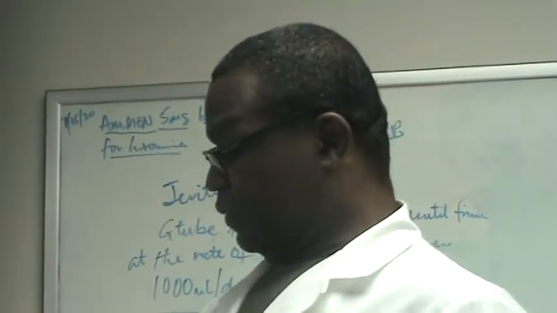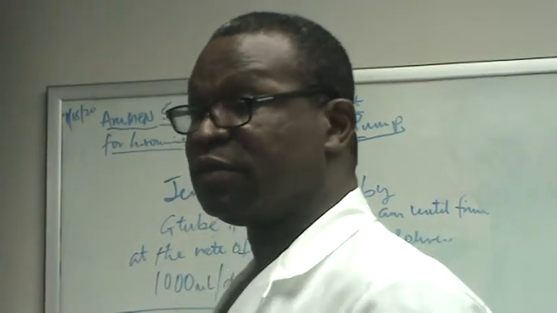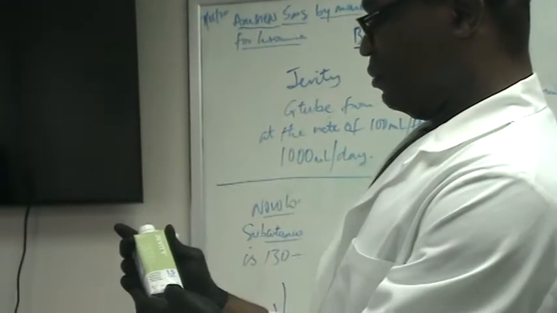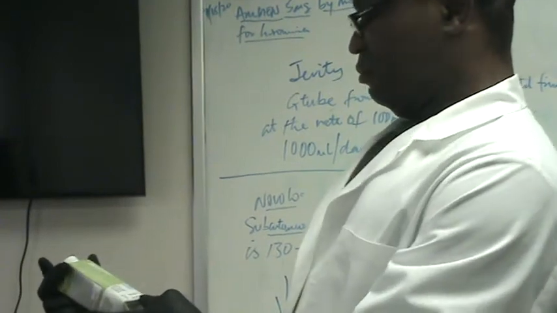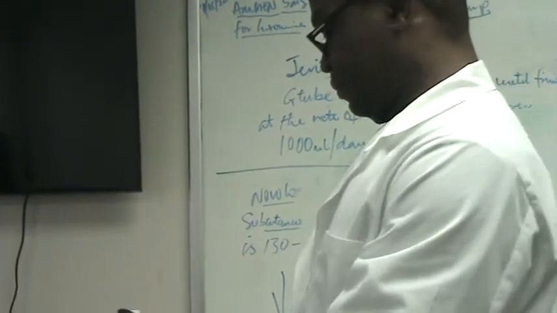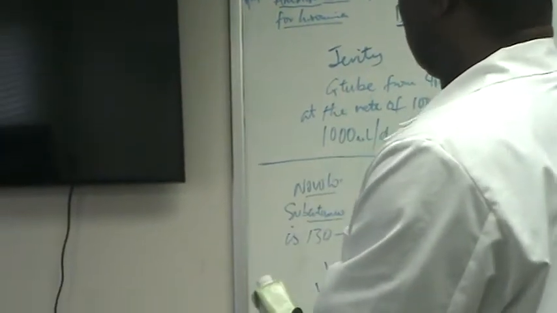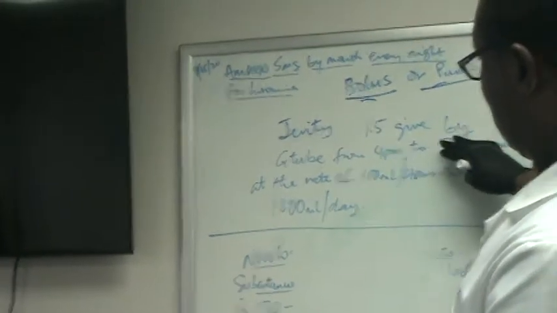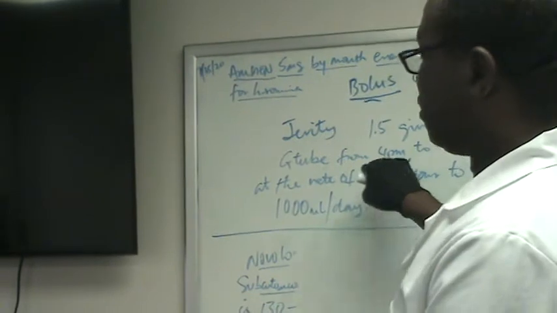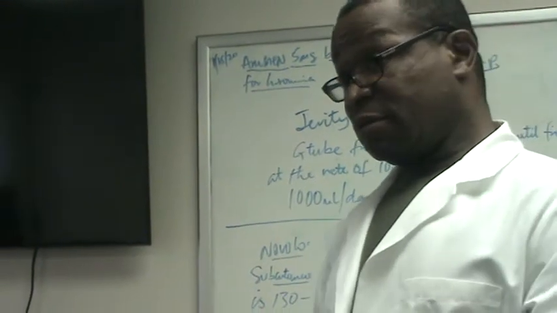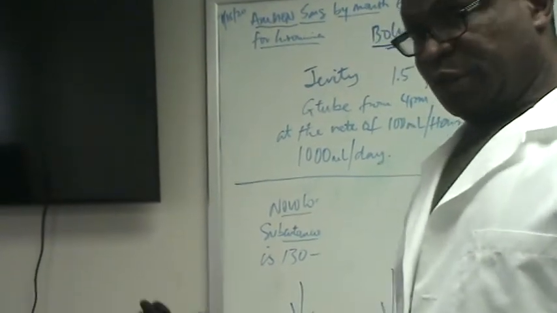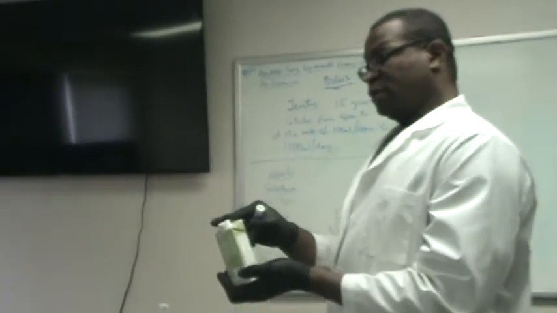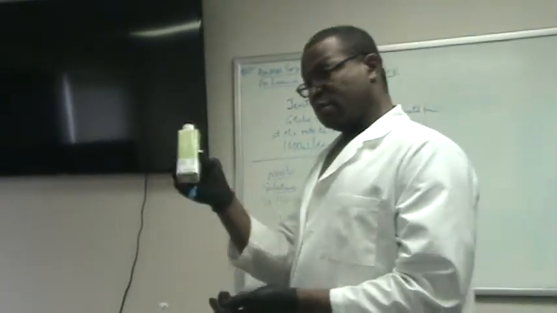Give JVT 1.5, in bracket, then I put 250 ml, by bolus. So the only difference will be that it will be by bolus 4 times a day, right? For nutrition. That's how they eat. So this will be like a meal.